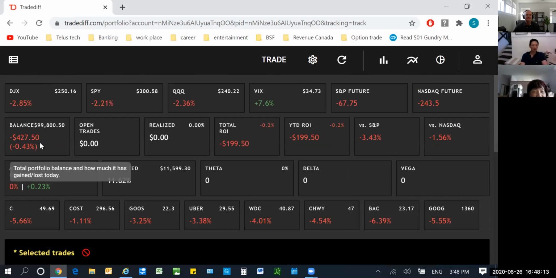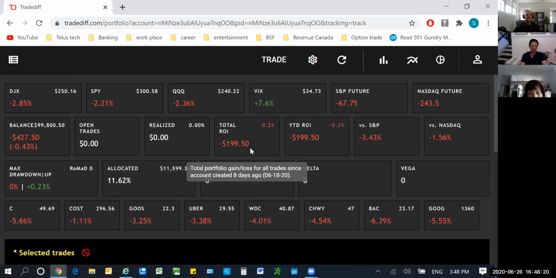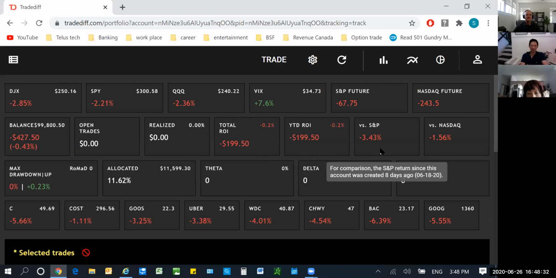And then if you go to the right, it has realized, and it has total. Your total is how much you've made since the beginning of the year to date. And if you go right again, it says versus S&P and versus NASDAQ. This is how you're doing compared to the indexes. A lot of people use this as a comparison.